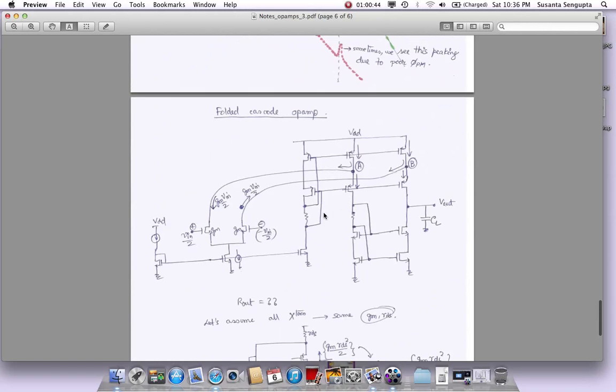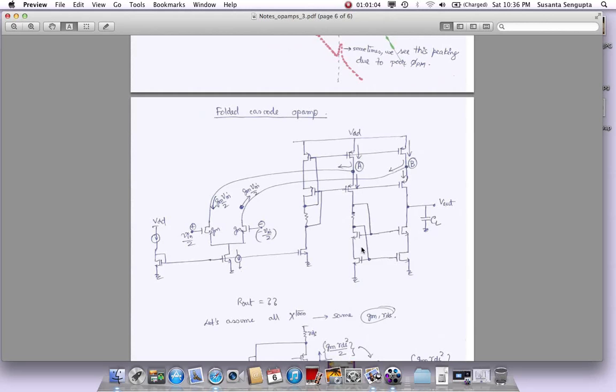So you can see that even though it looks like a single gain stage, the currents are flowing at node A, this is a low impedance node, there is no voltage swing there, there is no voltage gain. At node B, there is no voltage gain, there are all currents flowing, these are low impedance nodes. These two nodes here, they are low impedance nodes. So all these nodes are low impedance nodes.